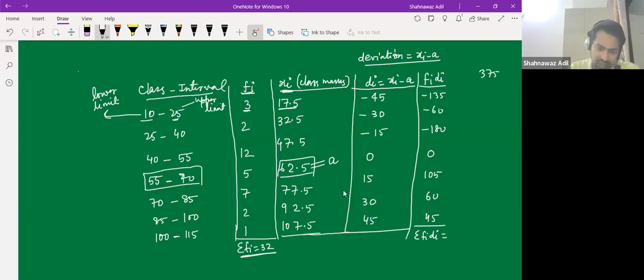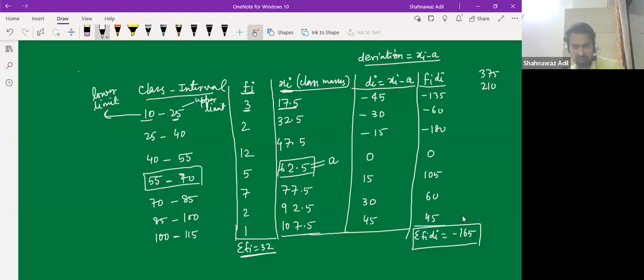Keep this in mind. Then we have 105 plus 60 plus 45, which is 210. So 210 minus 375 is minus 165.